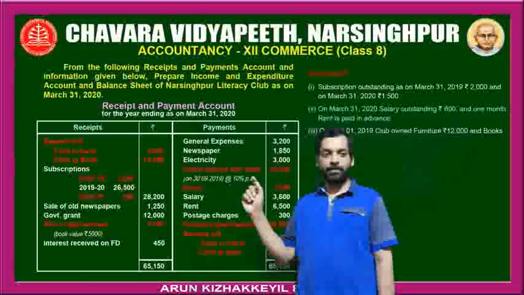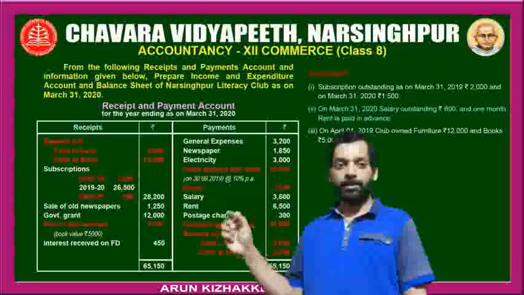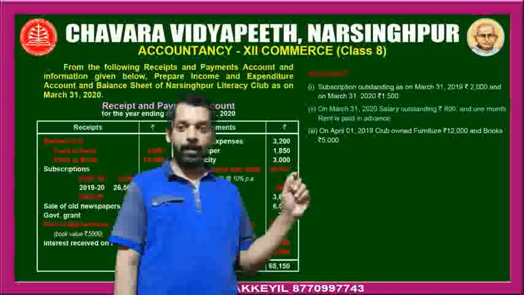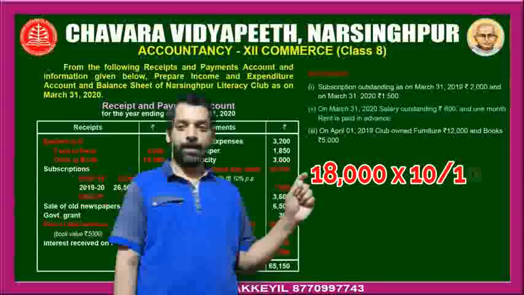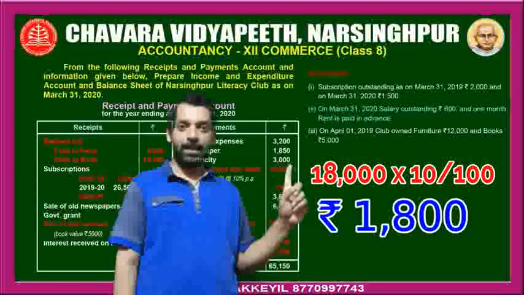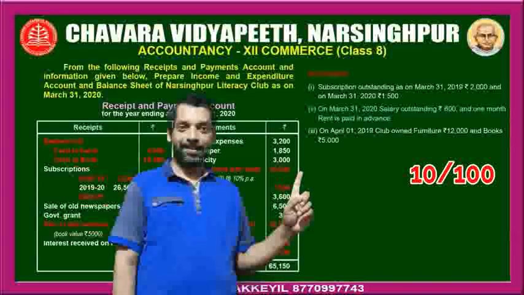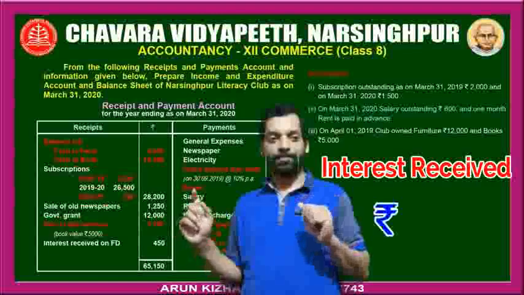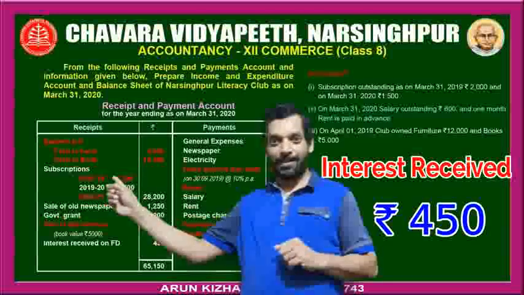30 September. Means the interest received on deposit is per annum, 18,000 into 10 upon 100. See the amount, 1,800. See the amount received on receipt side, interest received, how much coming? 450.